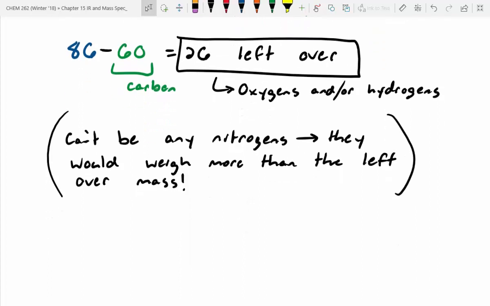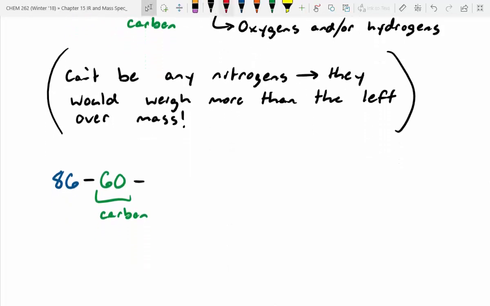All right, we know our parent is 86. We know we lost 60. This was from our carbon. And now we're going to try subtracting 1 oxygen. What's the molecular weight of oxygen? 16.